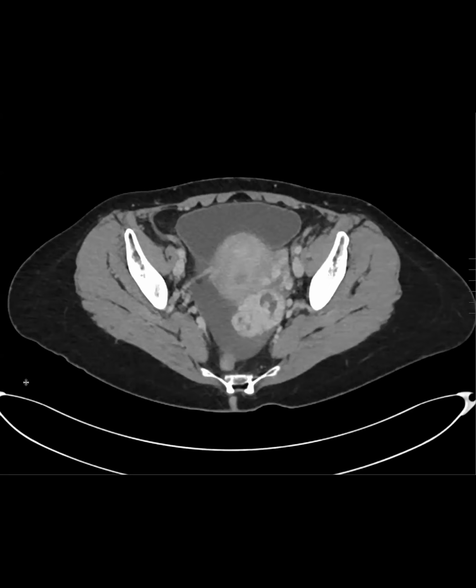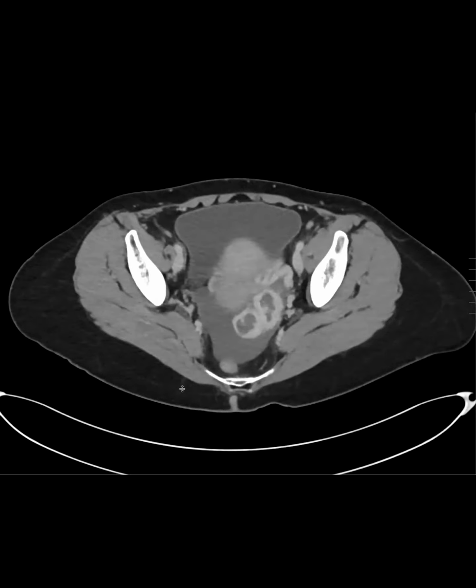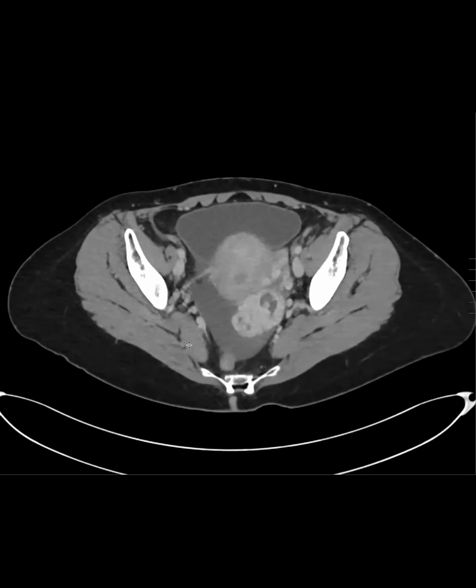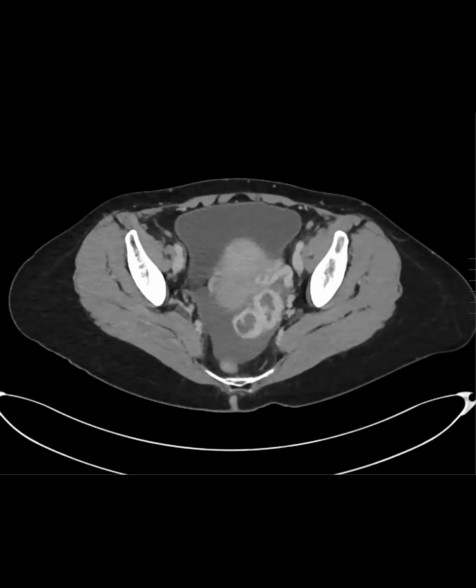This one was found incidentally, and it's just a type of teratoma. I don't know that we can distinguish it. There are no unique imaging features, but it's just a nice refresher of struma ovarii tumors.